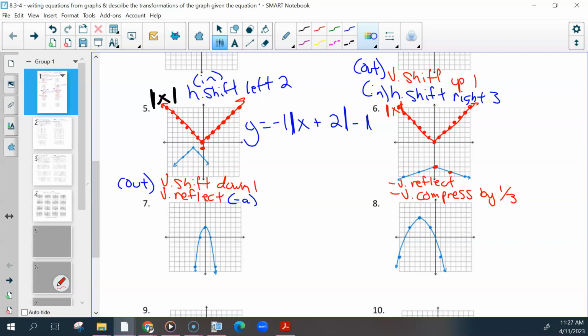There's one more. If it was just reflected and compressed, it would still be at the origin. Down 5.